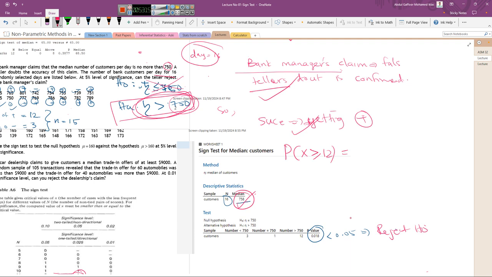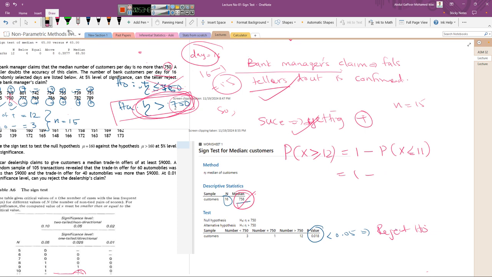So that can be written as 1 minus the probability of x less than or equal to 11. Here n is equal to 15, because we are going to omit this data point. Originally we had 16, but minus 1 is 15, the sum of the number of positive signs and negative signs.